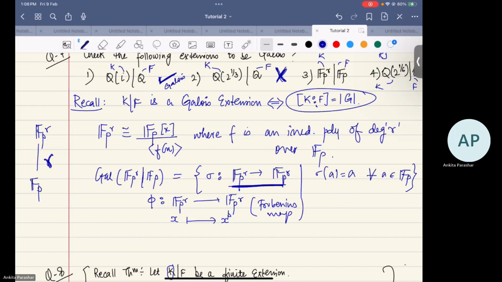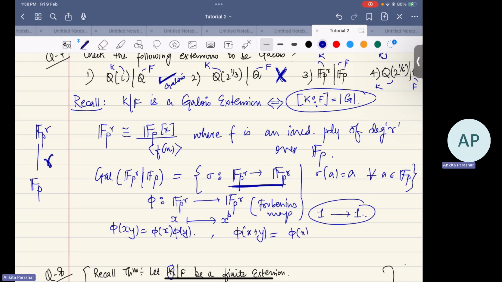You just have to check that the ring identity goes to identity, so one goes to one. You can also see that phi(xy) goes to phi(x)phi(y). It's not difficult to see, but phi(x + y) is also equal to phi(x) + phi(y).